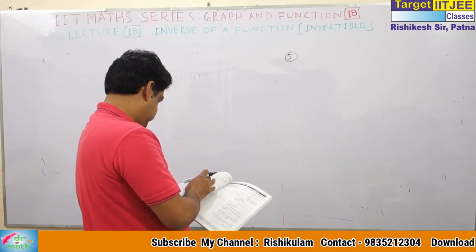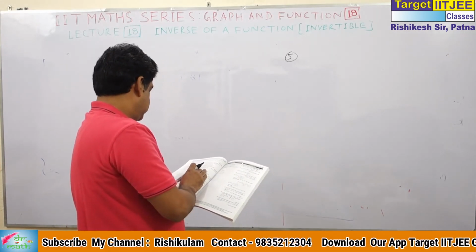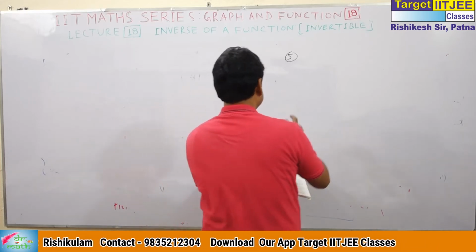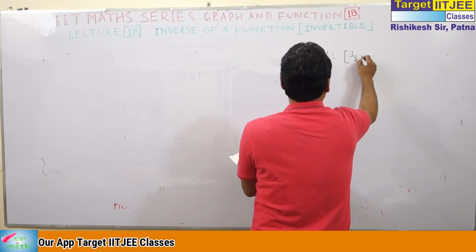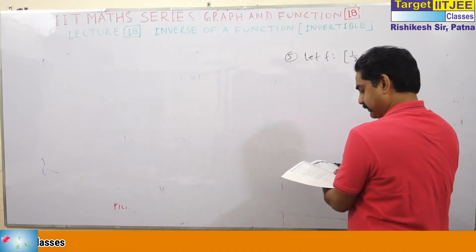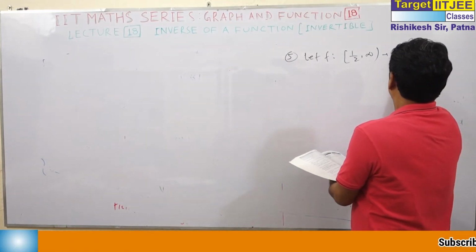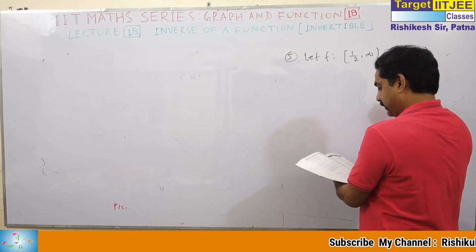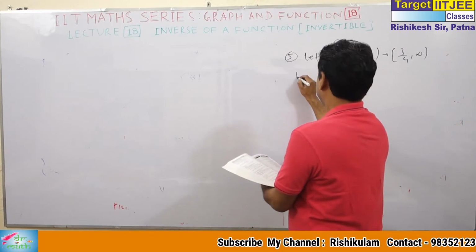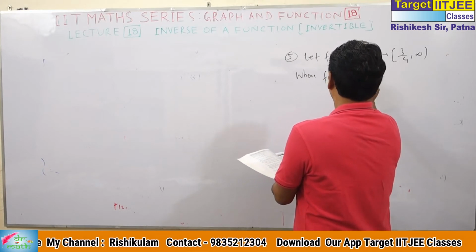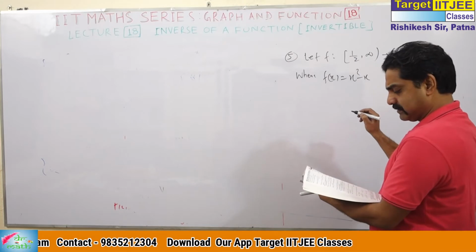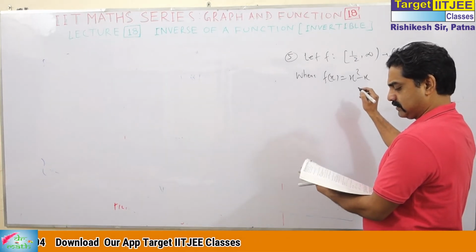Let f: [1/2, infinity) to [3/4, infinity), where f(x) = x^2 - x + 1.